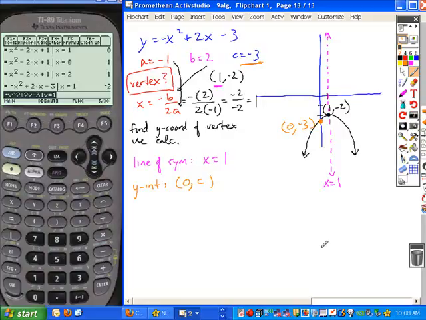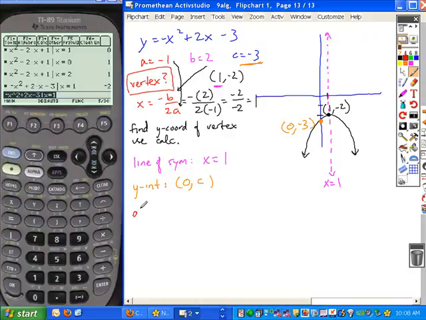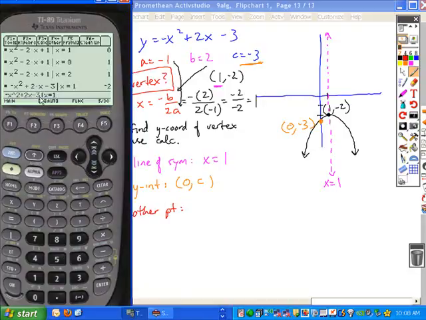And then the final step is I'm going to ask you to pick one other point that lies on that graph. The easiest way to find the other point is right here in your evaluate display on your calculator. Just pick another number for x. So what can we let x be here?